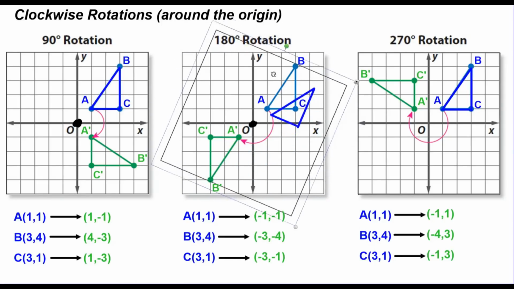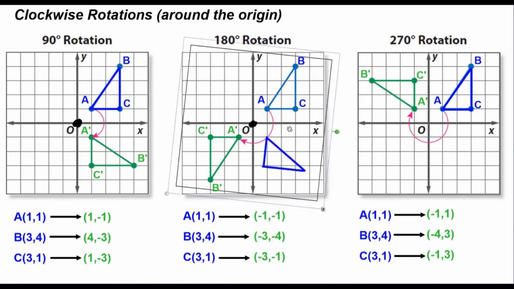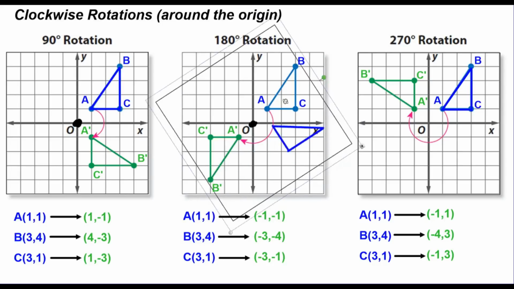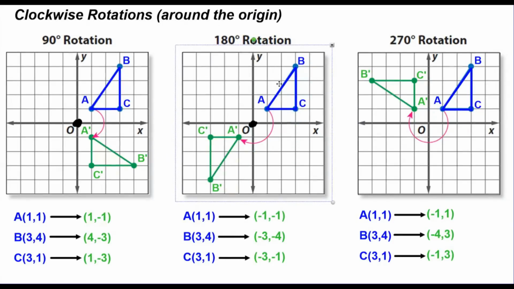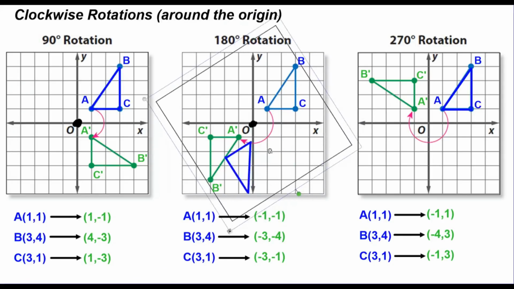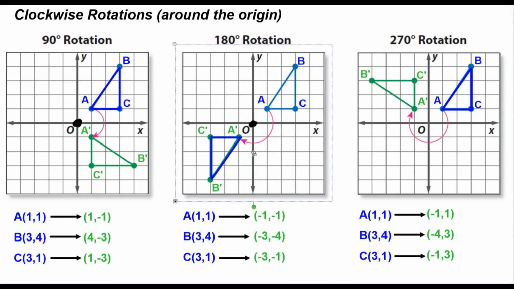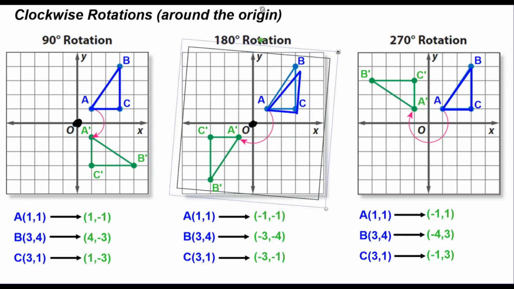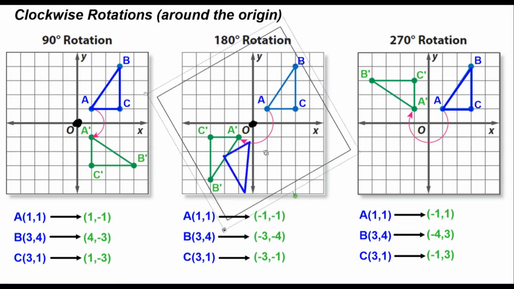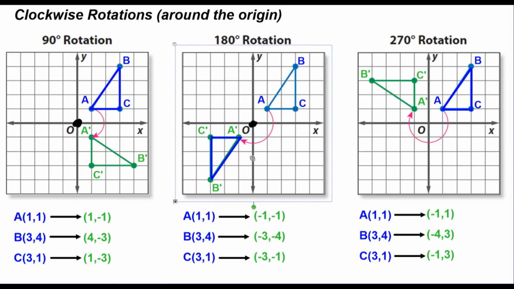So what happens to the ordered pairs when we rotate a shape 180 degrees around the origin? So again, we had 1, 1, and then ended at negative 1, negative 1. And then B started at 3, 4 and ended at negative 3, negative 4. And C started at 3, 1 and ended at negative 3, negative 1.